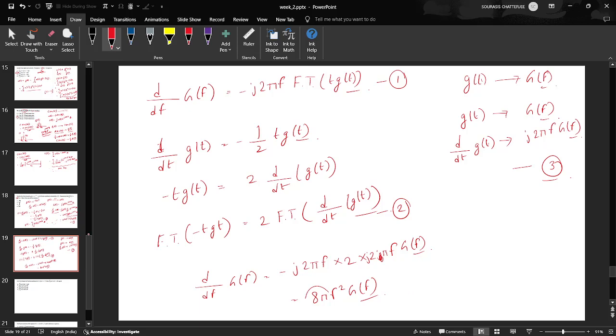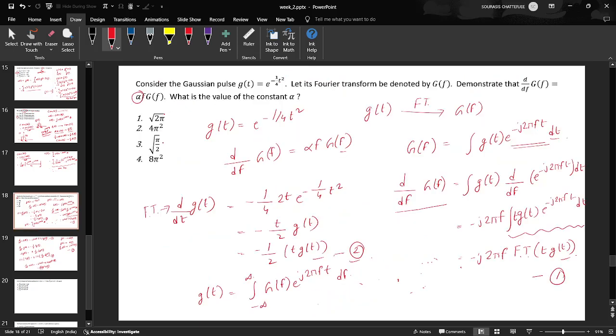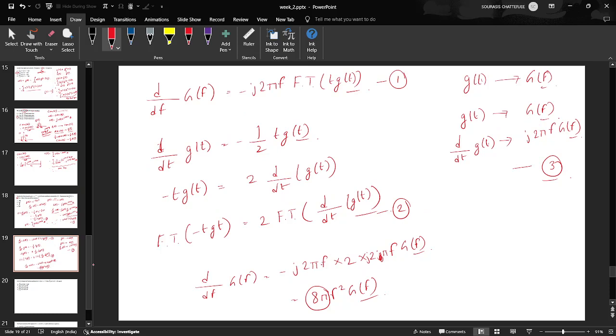So this is the constant we are looking for. What should be the constant? Oh, here it is 2 pi, 1 pi, 1, okay, it's 8 pi squared, sorry.